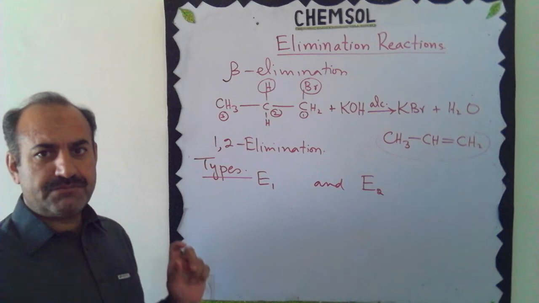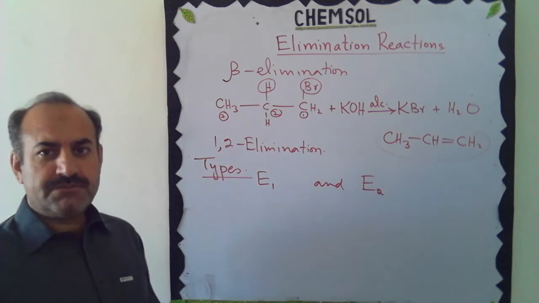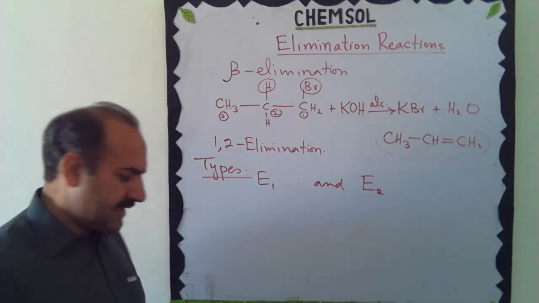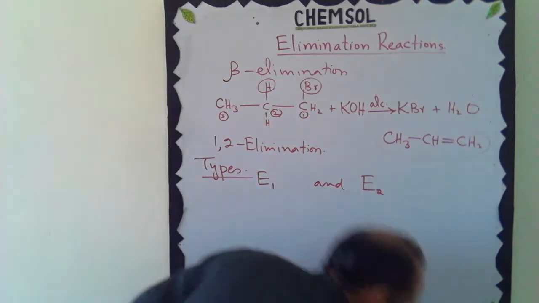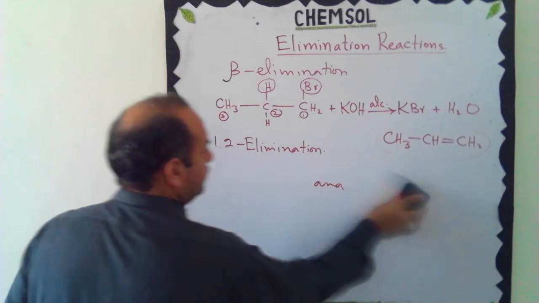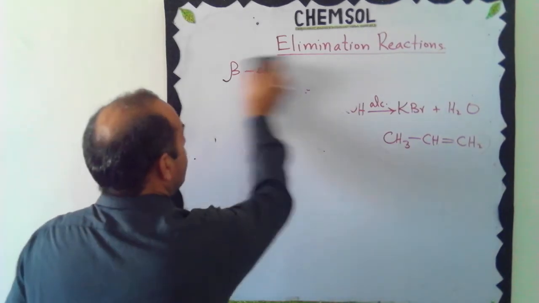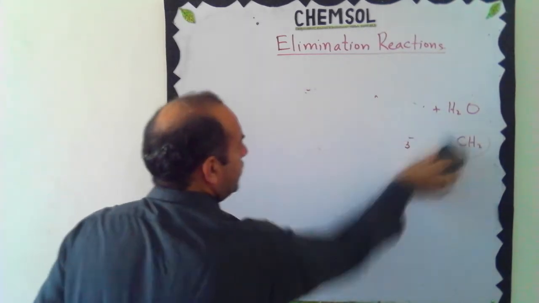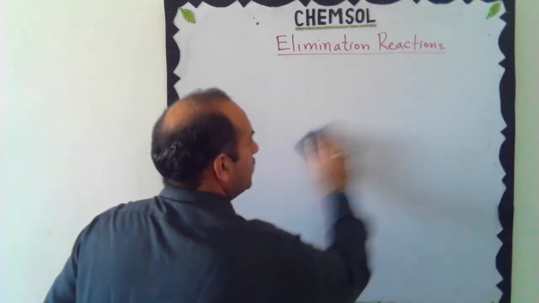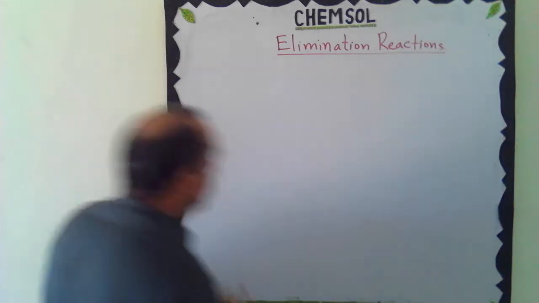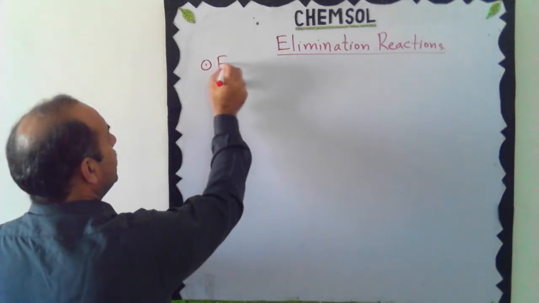Now we discuss both types of these mechanisms. These are just like the SN1 and SN2 mechanisms. First, the E1 mechanism.